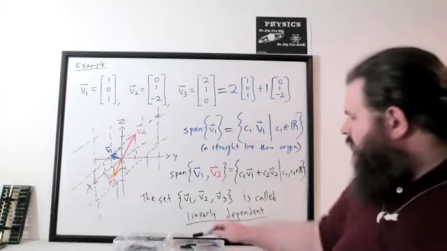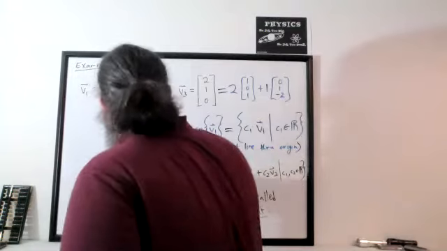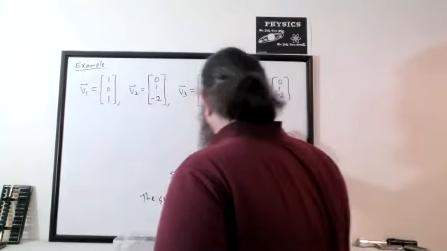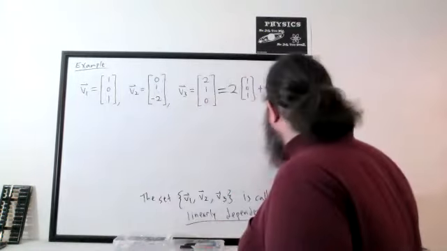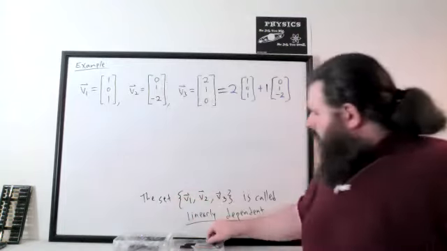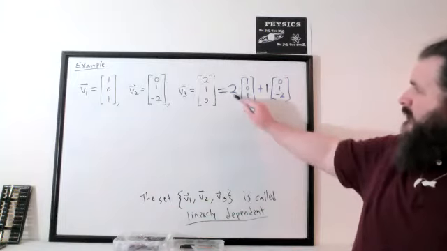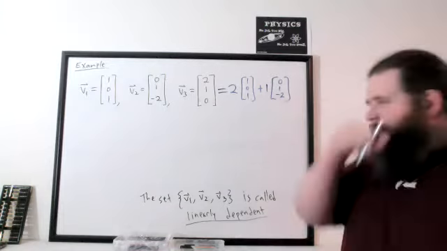Then let's take a look at the formal definition of this, or build up a formal definition. What exactly it means to be linearly dependent. We were able to find that v3 happens to equal something times v1 plus something times v2.